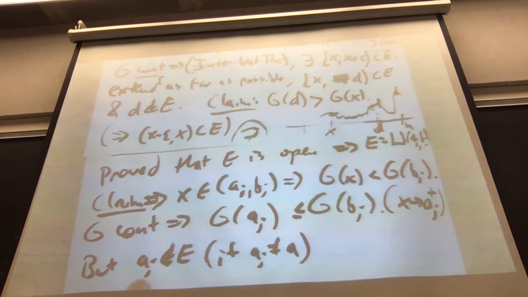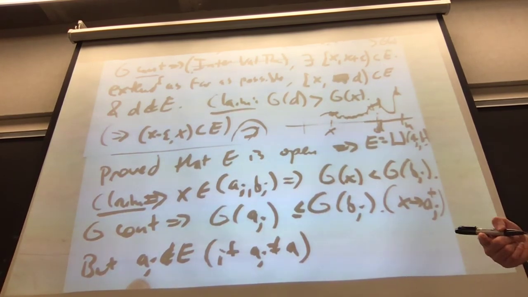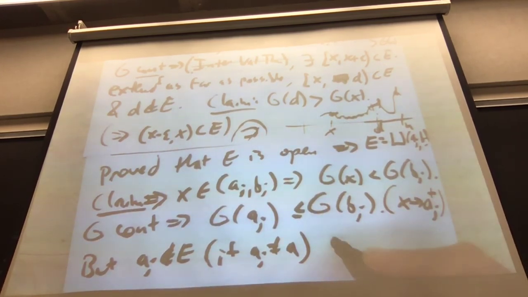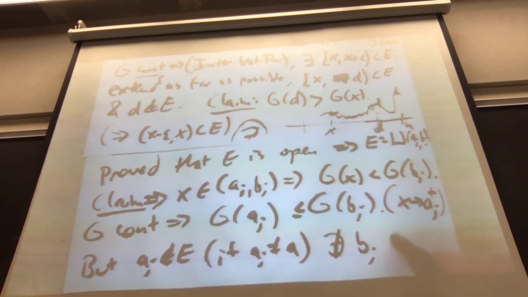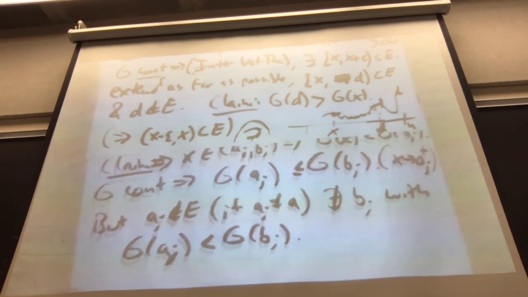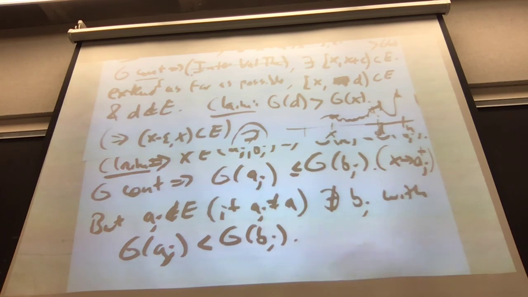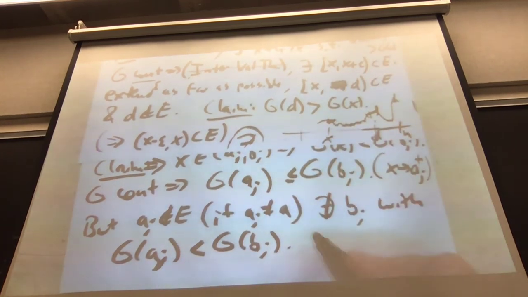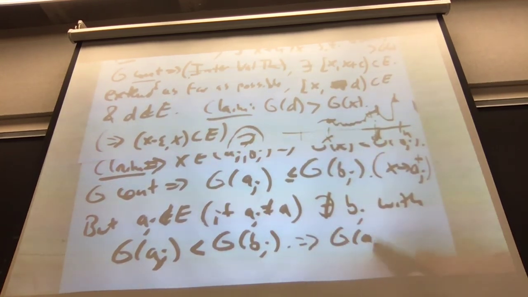If it's not in E, then there does not exist a future value such as BJ with G of BJ being strictly larger. Means they have to be equal? In other words, they're equal, which is what we wanted to prove, which implies G of AJ is equal to G of BJ.